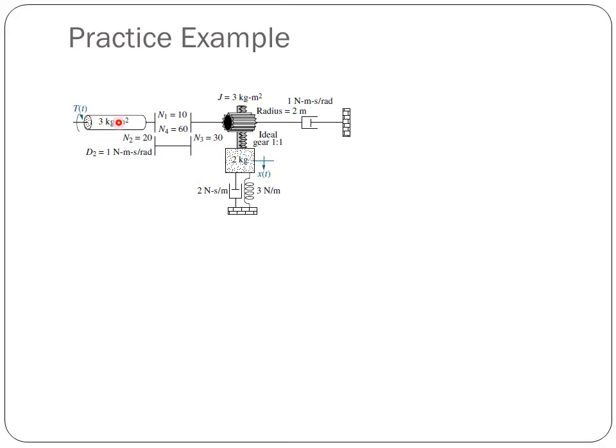If we want to move this inertia from the left side to the right side, we have to multiply with two ratios. One is N2 by N1, which is 20 by 10. Another is N4 by N3, which is 60 by 30.